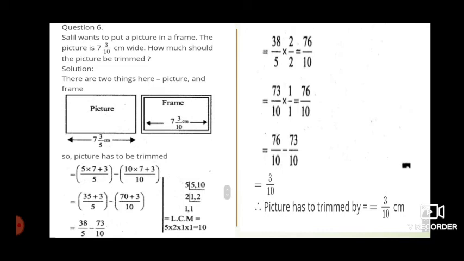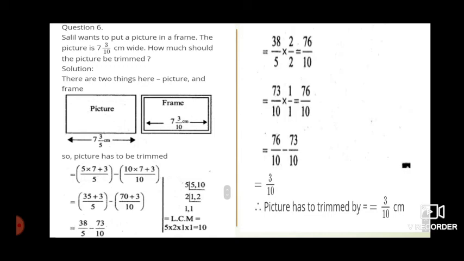It means the frame also should maintain the same width, no? If the frame has the same width, then only we can fix the picture into that frame. Children, please refer to the question in the textbook a little. The picture is 7 3 by 5 centimeters wide.